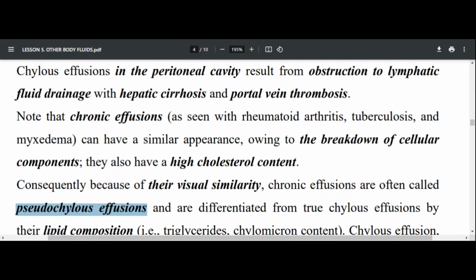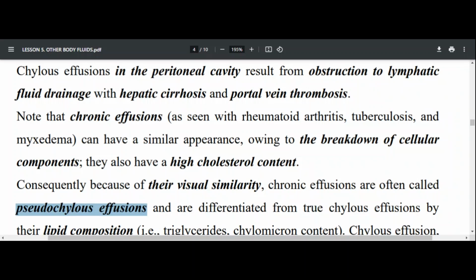So if it accumulates anywhere as a result of any systemic or organ-specific inflammatory condition, for example, rheumatoid arthritis and tuberculosis, we cannot find chylomicrons, because it is not a problem of blockage of the portal vein or lymphatic drainage, which could actually cause chylomicron accumulation in the fluids and also other lipids.